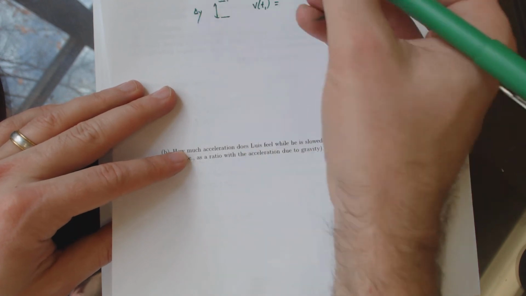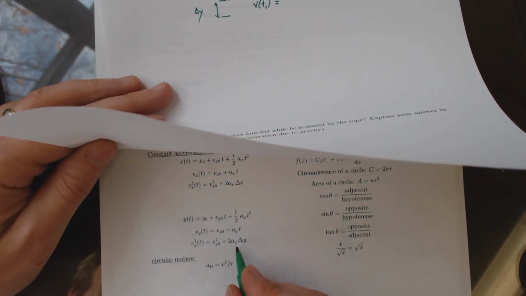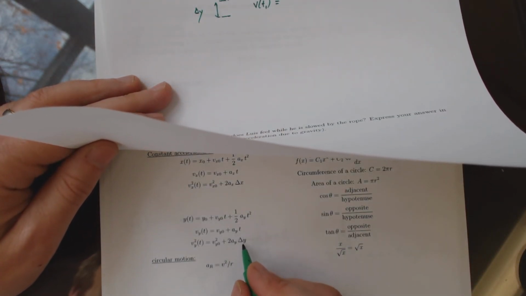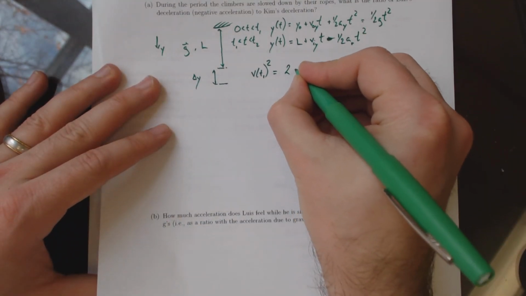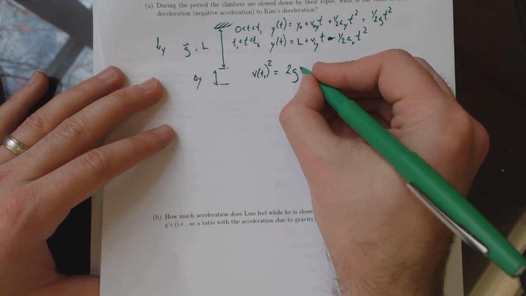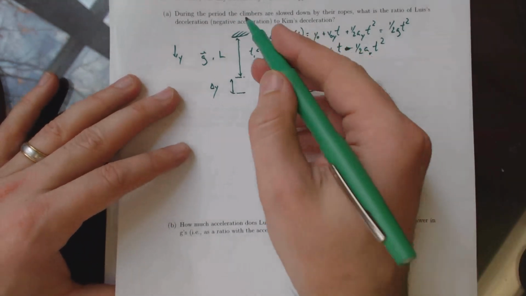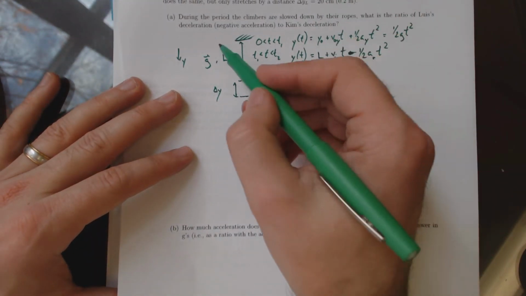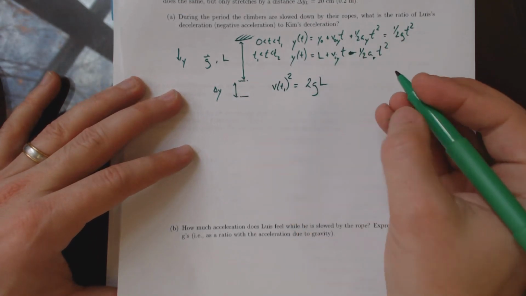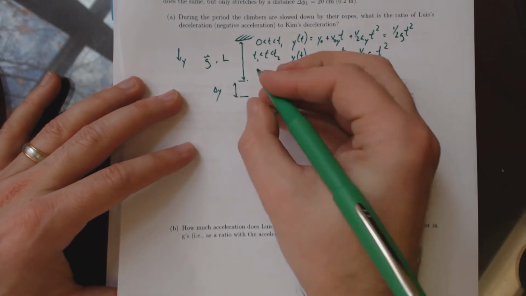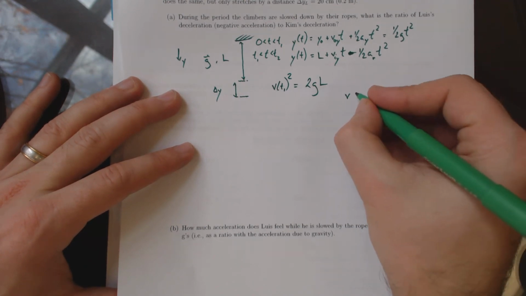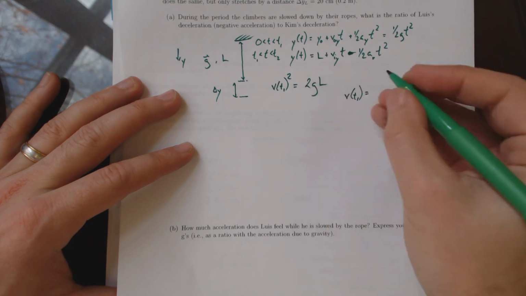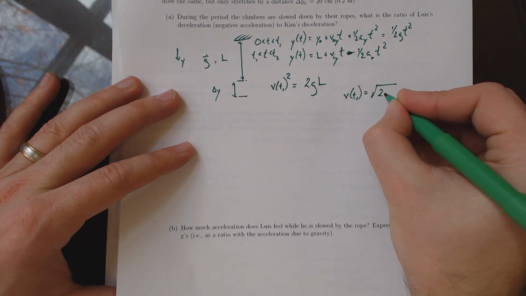My initial velocity squared is 0 plus 2 times the acceleration over the distance it accelerates. So the acceleration is g, and the distance it accelerates is L. So in both cases, both climbers have a rope of length L. So in both cases, when the rope starts to become taut, their velocity is going to be equal to the square root of 2gL.